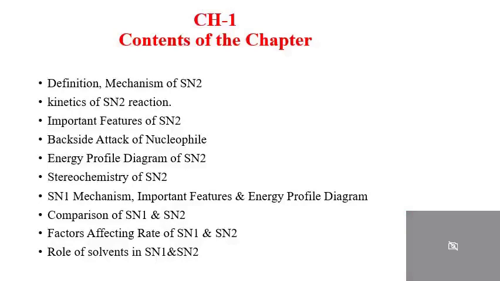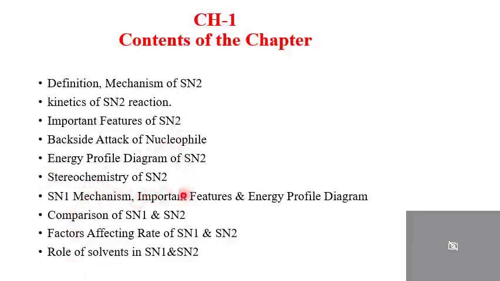Now we are going to cover many things in this chapter. The outline of the chapter is: I will teach you the definition, mechanism of SN2, kinetics of SN2, important features of SN2, backside attack of the nucleophile, and the energy profile diagram. Also, we are going to see the stereochemistry of the SN2 reaction.